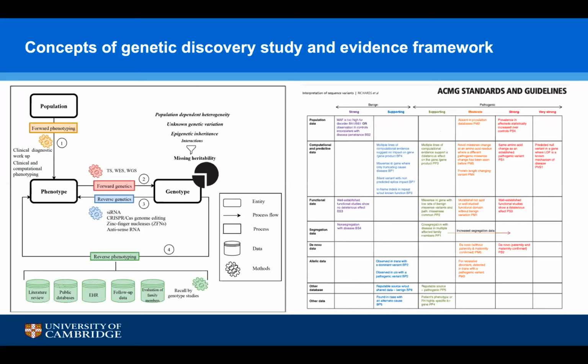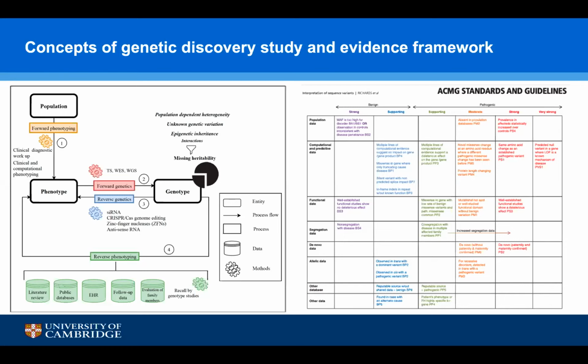And this forward phenotyping approach can again be broken down into three stages: clinical diagnostic workup, clinical phenotyping, and computational phenotyping. Once we have our phenotypes defined, we can move to the process called forward genetics, which is a molecular genetic approach used to elucidate the genetic underpinnings of the given phenotype.